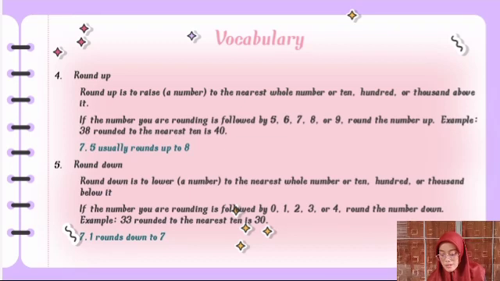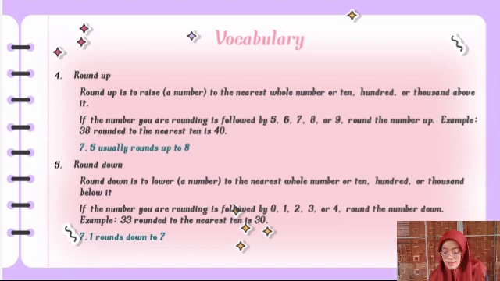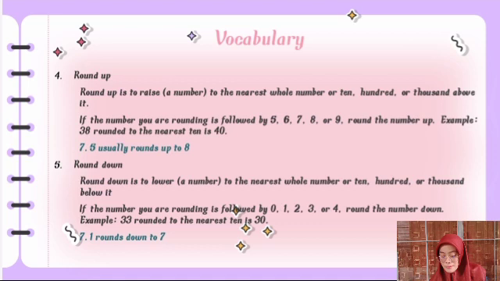If the number you are reading is followed by 5, 6, 7, 8, or 9, round the number up. Example, 38 rounded to the nearest 10 is 40. 7.5 usually rounds up to 8.